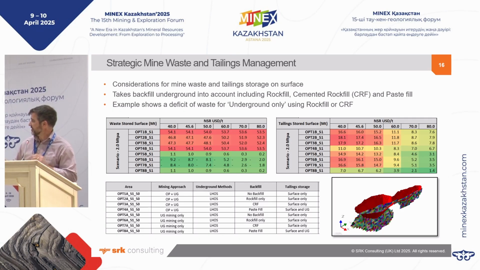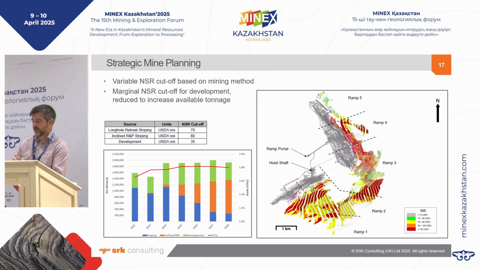This shows a typical table breakdown of all of the different options that we might need to consider for a project: combinations of open pit, underground only, different backfill versus non-fill approaches, different mining methods with different capital and operating costs that come along with that, and different processes, trying to identify the range of cutoff grade or NSR cutoffs that we want to test.